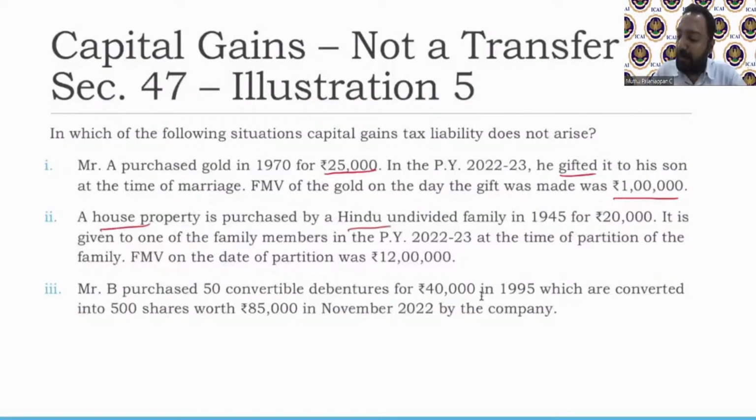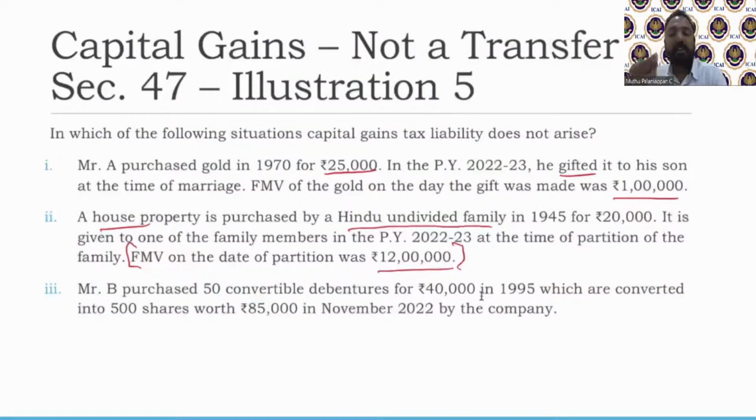A house property was purchased by a Hindu undivided family in 1945 for 20,000. Today they are partitioning it and dividing it. On the date of partition, the fair market value is 12,000. We said some words are relevant and some are not in a question. If you read this, the entire line is irrelevant, because it doesn't matter what the fair market value is.